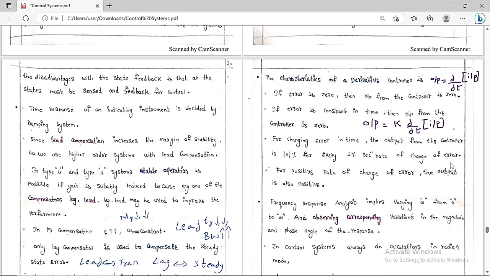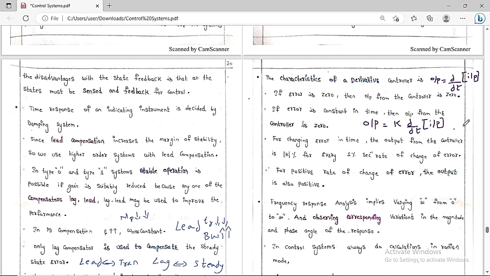Suppose the input is changed by 1%, then the output is changed by k percentage. If the input is increased, the output is also increased. If the input is decreased, the output is also decreased. So if the input is increased by 1%, the output is increased by k percentage. If the input is decreased by 1%, the output is decreased by k percentage.